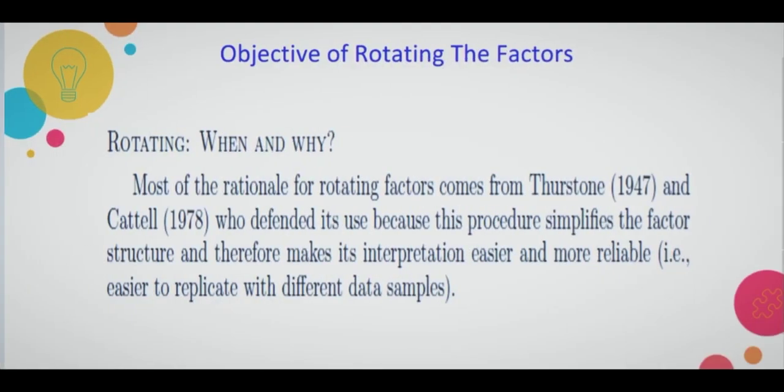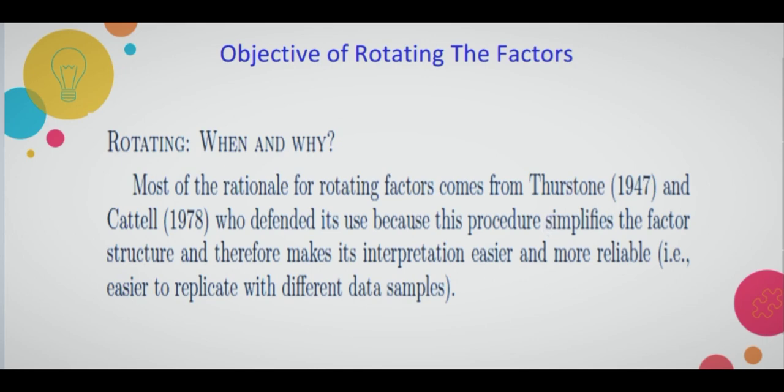So when and why? Most of the rationale for rotating factors comes from Thurstone and Cattell, who defended its use because this procedure simplifies the factor structure and therefore makes its interpretation easier and more reliable. So when we are using the factor rotation, the procedure will be simplified.